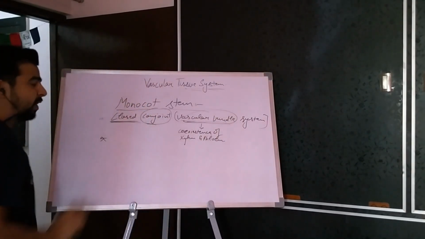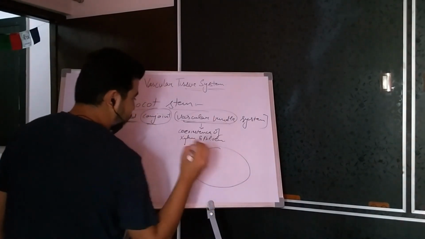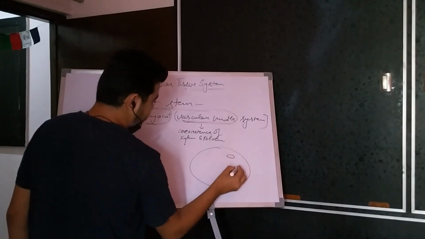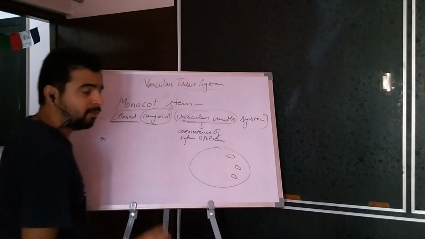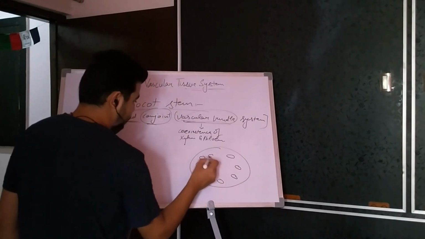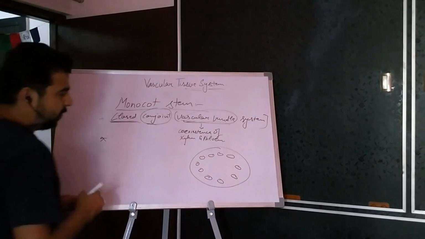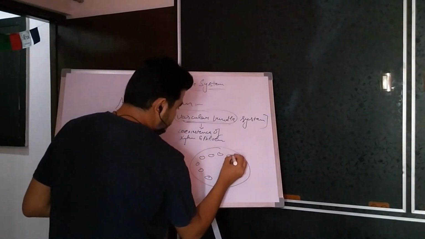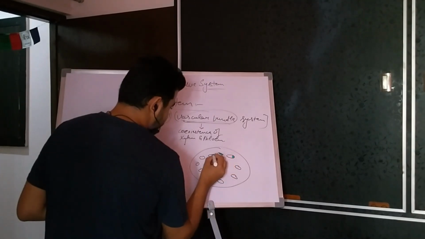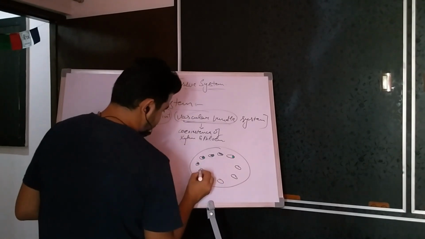We call it closed vascular system because if I take a transverse section of a monocot stem, we will see that the arrangement of the xylem and phloem, which are vascular bundles, is in a scattered form like this. What we will observe is that the phloem is present at the outer side and xylem is present towards inside.